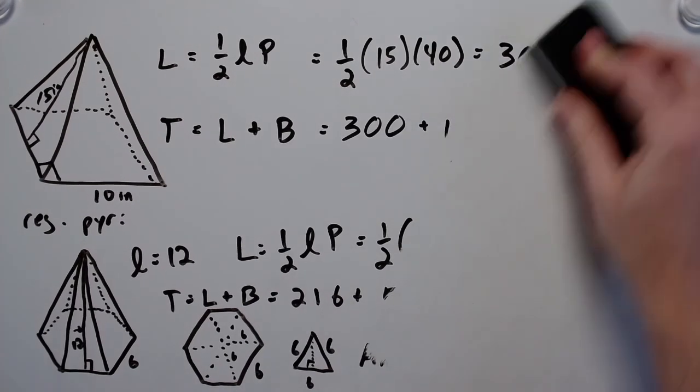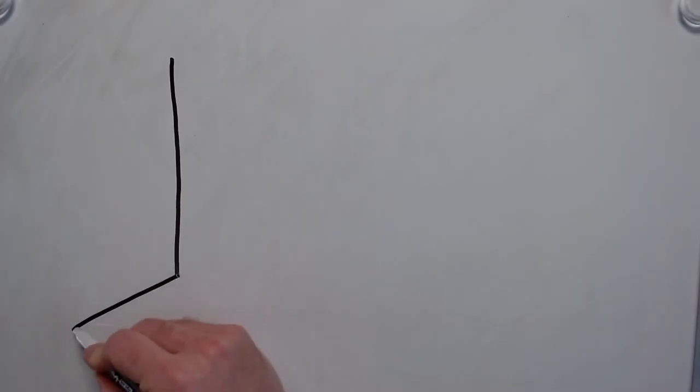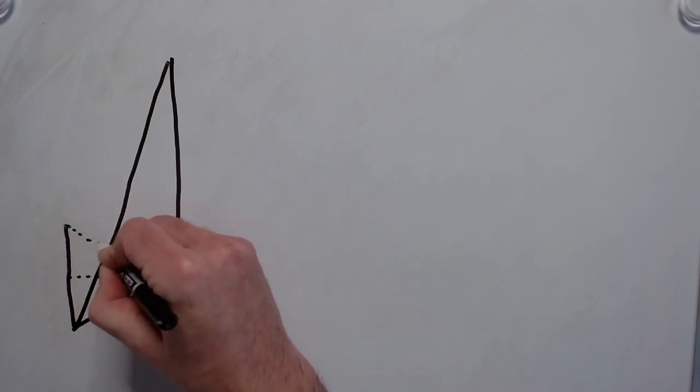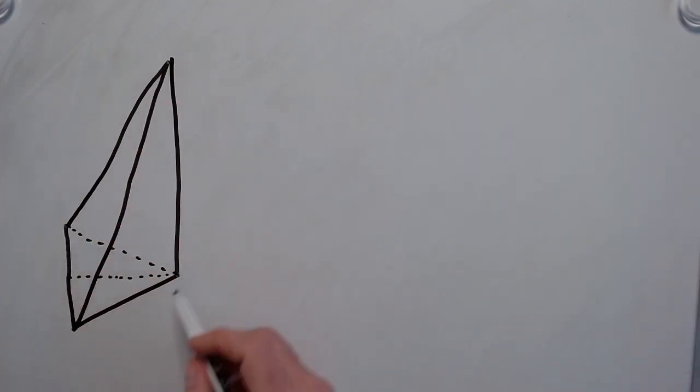All right, let's see how well I can draw this one. Okay, so we have a pyramid whose base is an isosceles triangle.